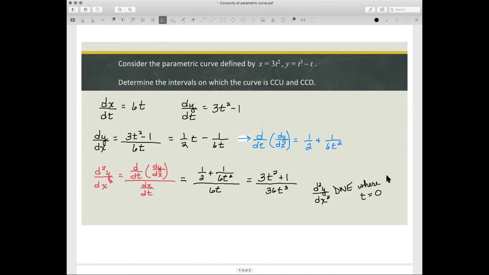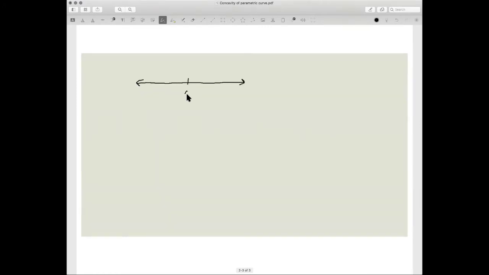So just as we did back with rectangular functions, we're going to do a number line analysis to investigate the positive versus negative nature of the second derivative around where t equals 0. If we set up our number line, remember we're looking at the second derivative values here. It was at 0 that the second derivative did not exist.